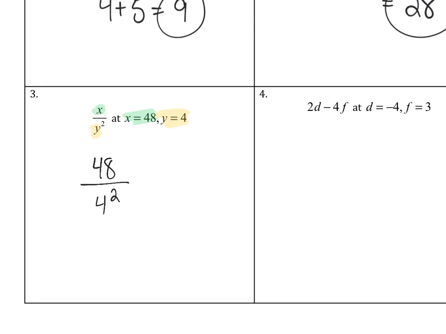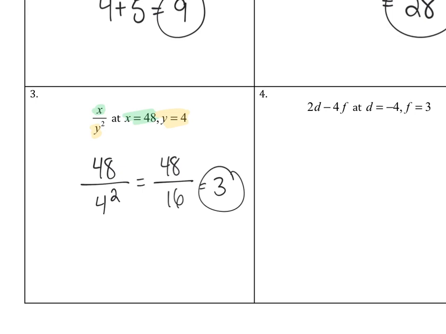Again, according to PEMDAS, you still have to do the exponents first. So I'm going to keep the 48 on top, and I'm just going to evaluate 4 squared. 4 squared is 4 times 4, which is 16. And then I'm going to divide. So 48 divided by 16 is 3 for our final answer.